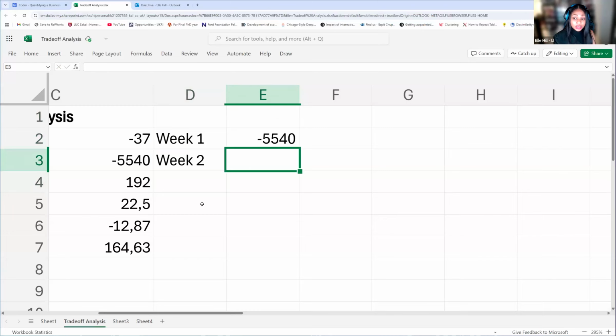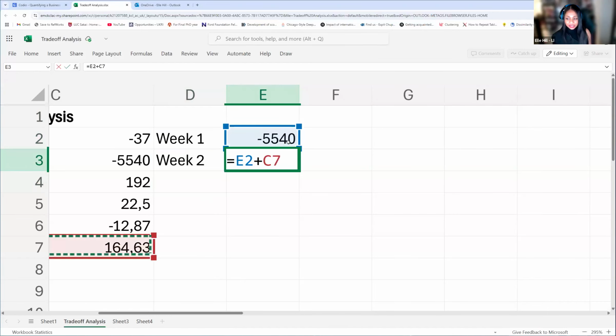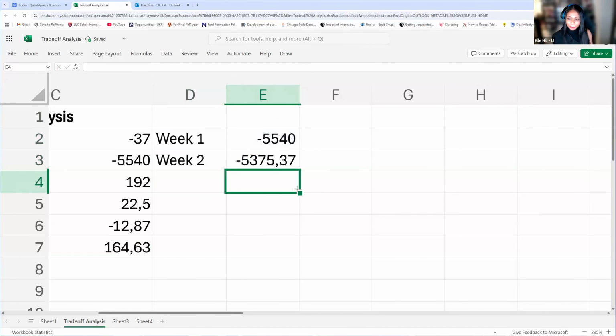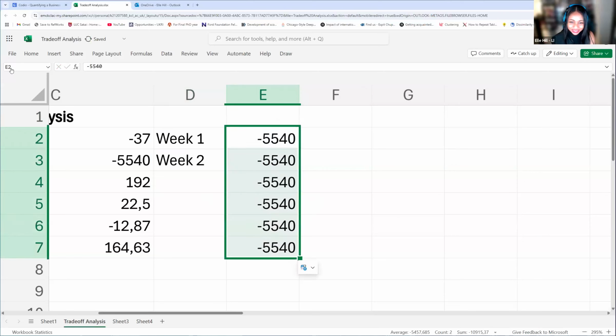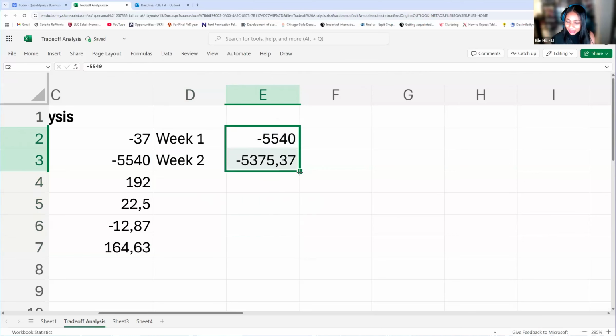We take this cell and we add $164.63. And every time we're going to keep adding this savings. We're going to keep lowering this cost more and more. Excel hates me.